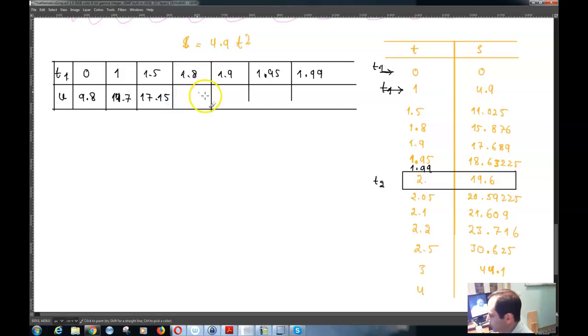17.15, 18.62, 19.11, 19.355, and 19.551.